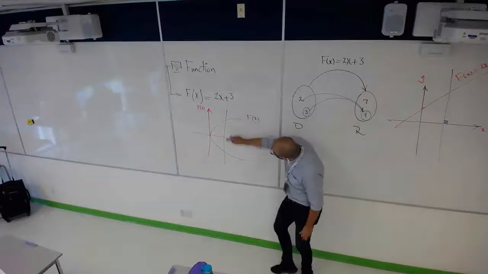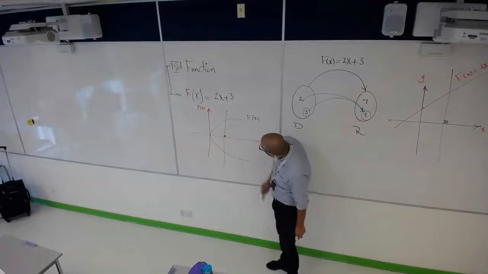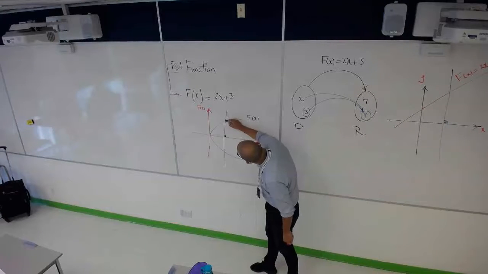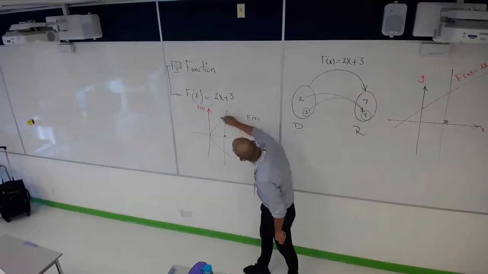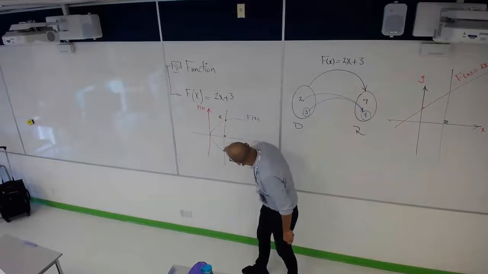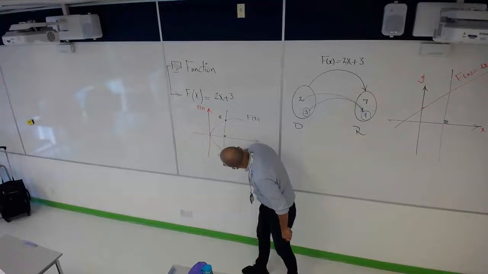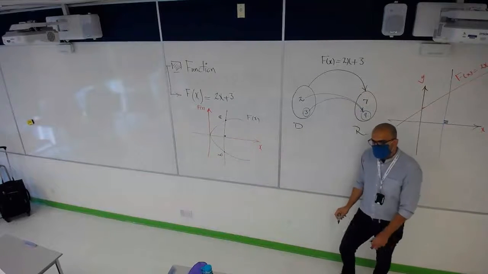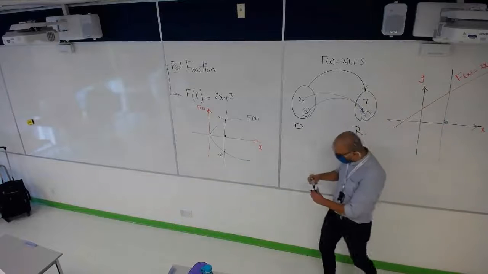You see that if you draw a vertical line, you have two points. You can call this one A, you can call the other one B. So what does it represent?